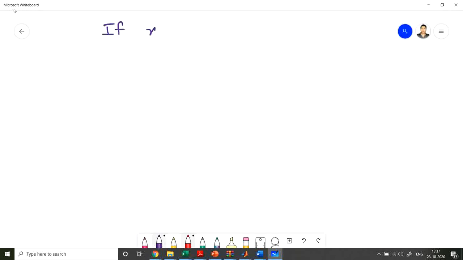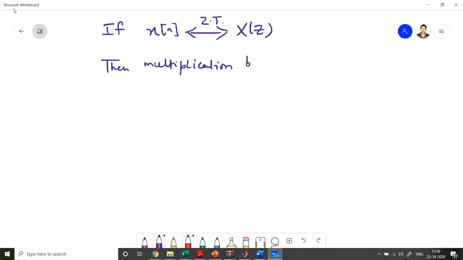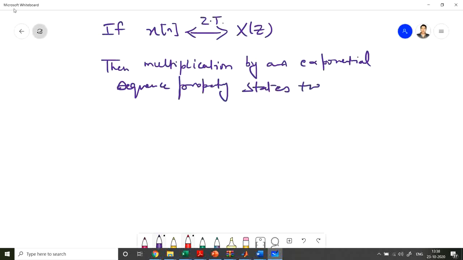The property says that if x[n] has z transform X(z), then the multiplication by an exponential sequence property states that a raised to the power n into x[n] has z transform X(z by a).